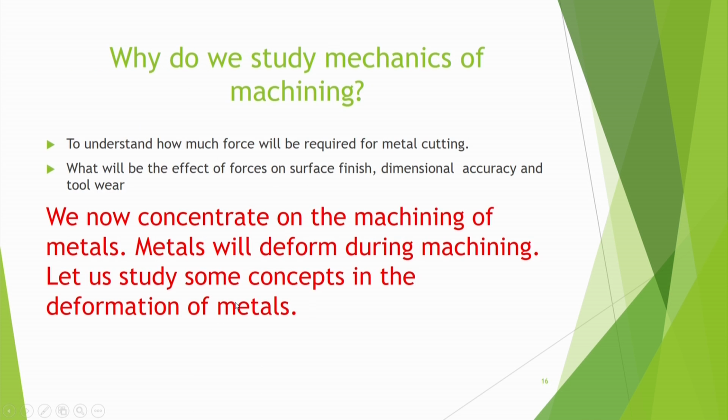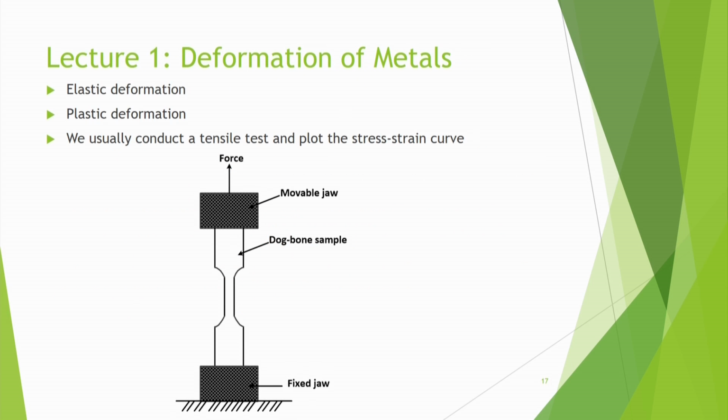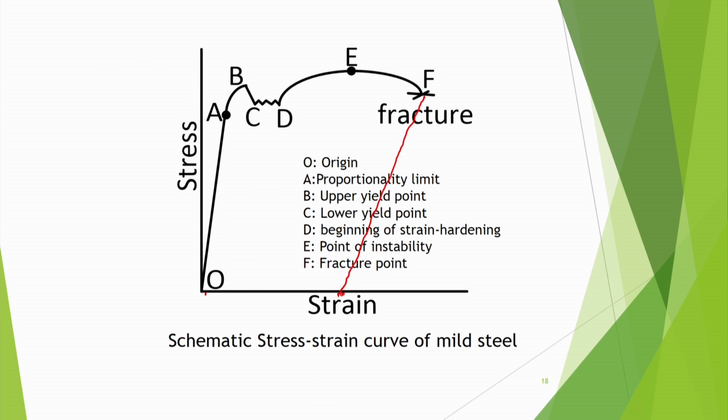This is indicated in the stress strain diagram by this point E. That means after that point, because the cross sectional area suddenly reduces, the engineering stress suddenly drops. So, this point E is actually the highest engineering stress point, or the highest load.